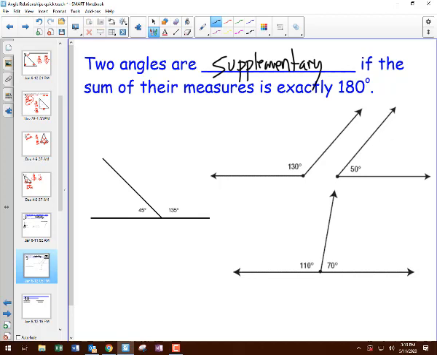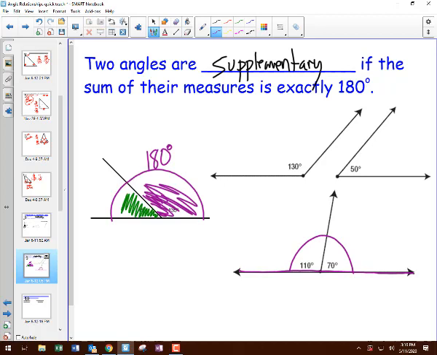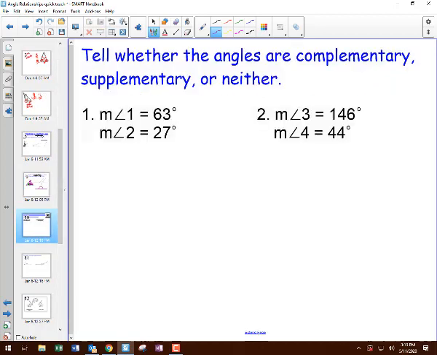These two angles, as we look at 45 and 135, this space right here and this space right here will form this half circle, which is 180 degrees. Trick of the trade on this one, look for the straight angle. Notice that these two angles both sit on a straight angle. Telltale sign there to know that they're supplementary.